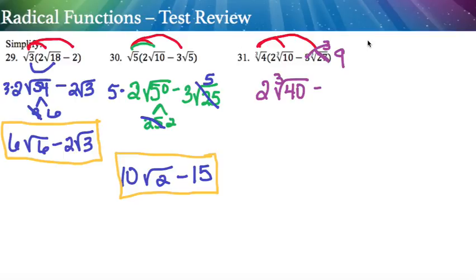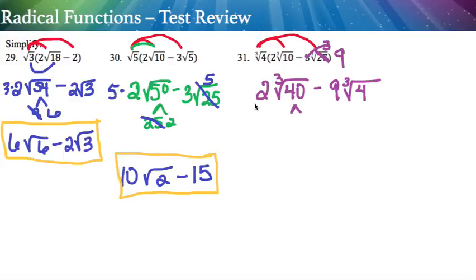It was going to be a cube root of 108. Okay, so cube root of 27 is 3. 3 times 3 is 9. And if you multiply that times the 4, now you've got 9 cube root of 4. Okay, all right, so now we're going to break this one down.